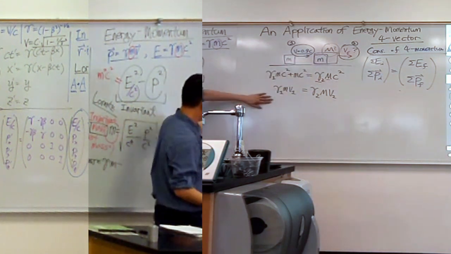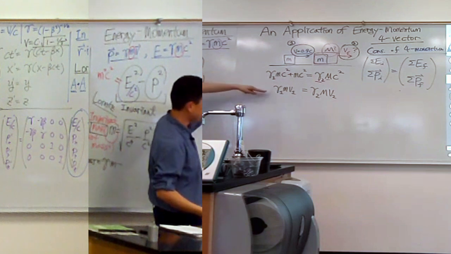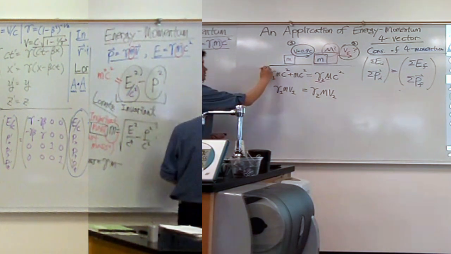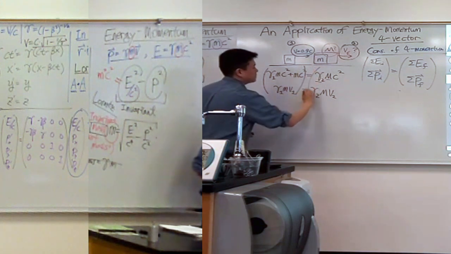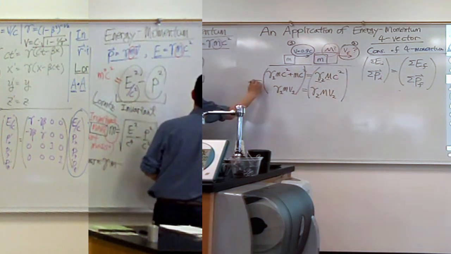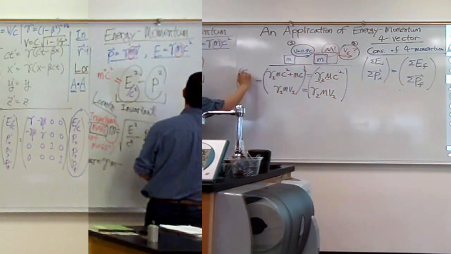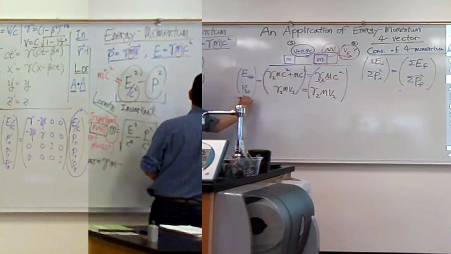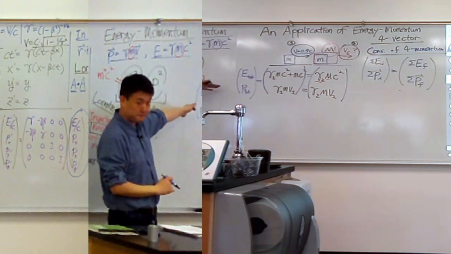So this is the conservation of energy and momentum I have. This is my energy, and this is my momentum. As long as I'm talking about the total energy and total momentum before or after the collision, it's the same thing.